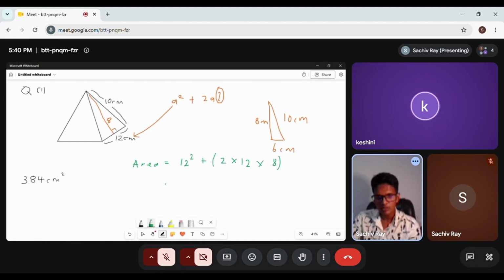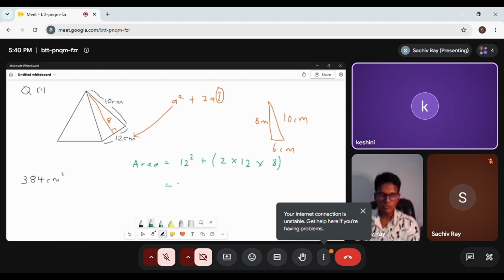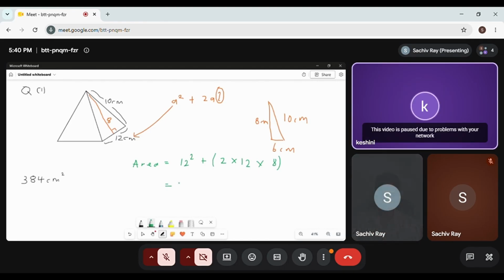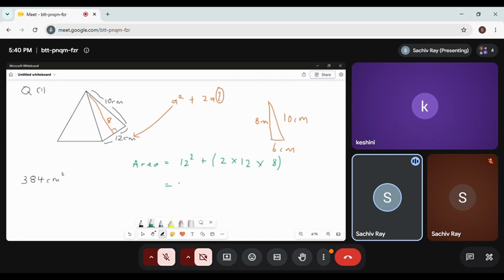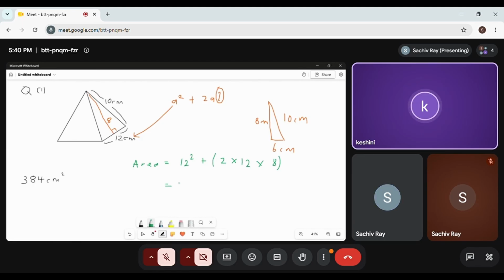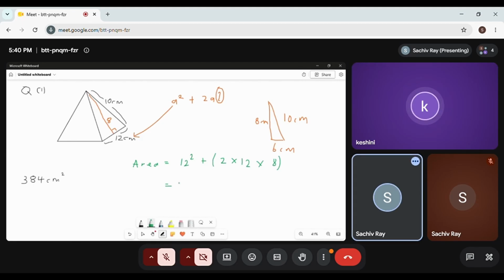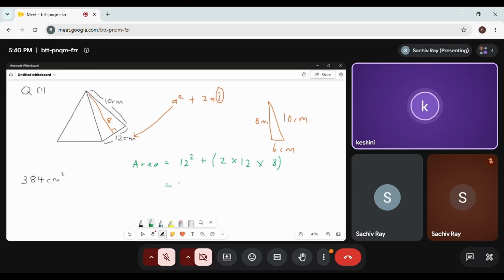So what is 12 squared? 144 centimeters square. We don't have to write it now; we can write it in the final answer. Okay, if you want, you can write it. What is 12 times 2? It will be 24. 24 times 8 should give us what? 192.